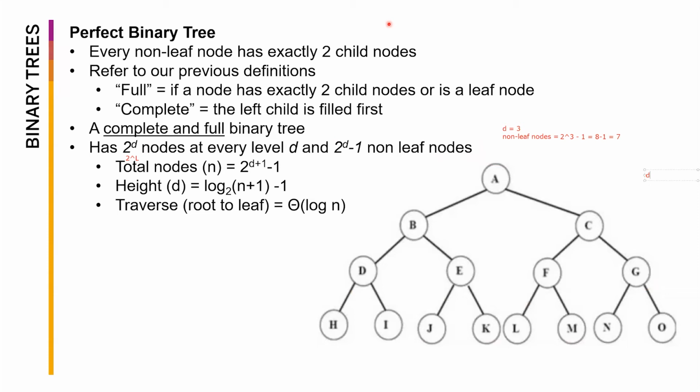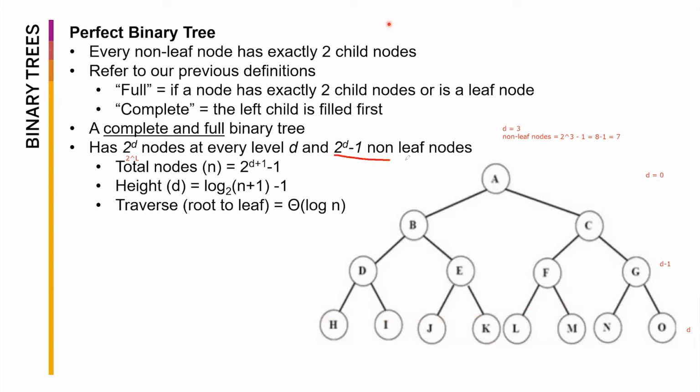So this is D equals 0. This is D minus 1. And this is level D. Suppose it's a long tree. The definition of a perfect binary tree is that all the leaf nodes are at the same level, so they are at level D.